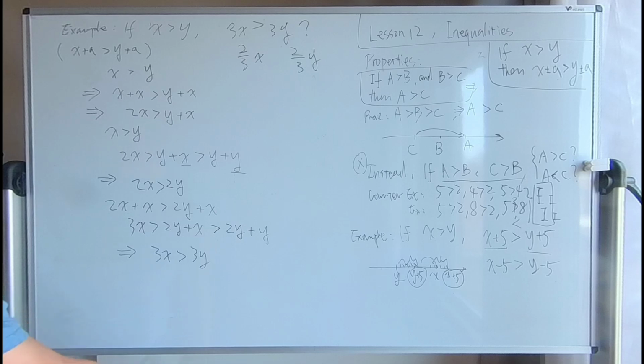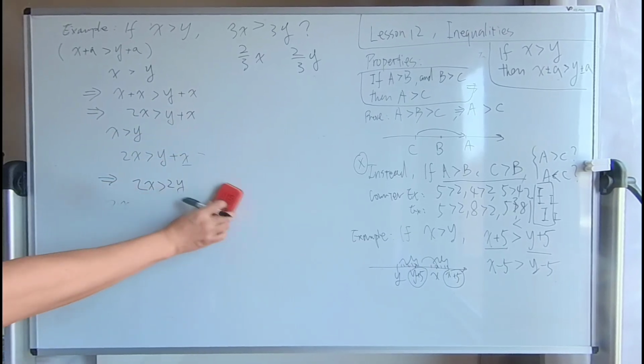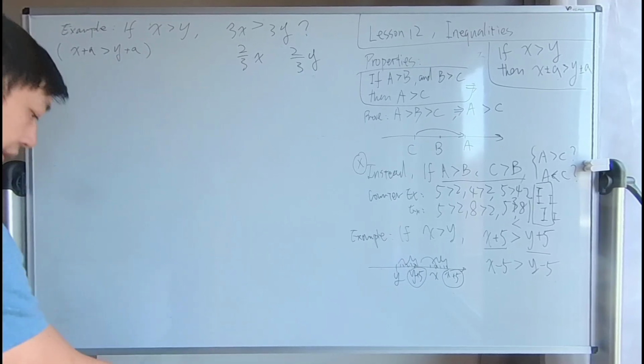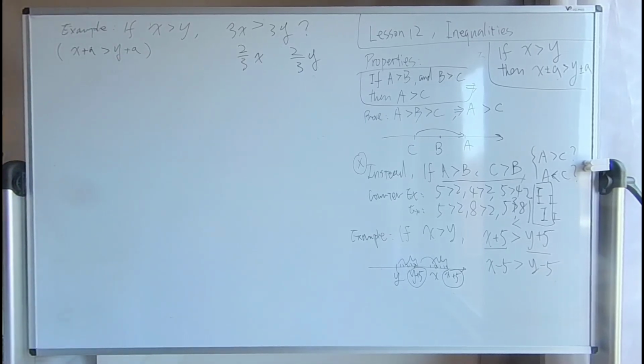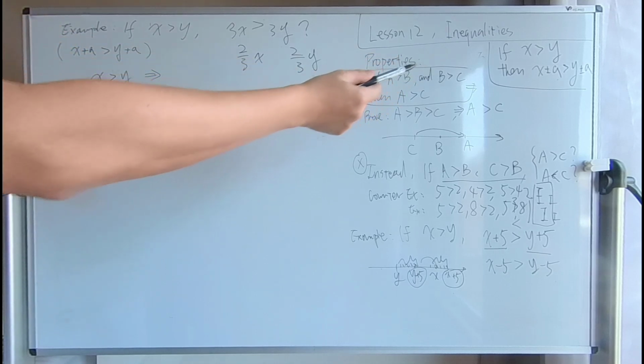Let's see if we can also prove that, or also show which one is greater, or if the sign would change. So this time let's use a different way, a more efficient way than what we just did. First of all, because we know x is greater than y, I can add or subtract the same quantity on both sides.